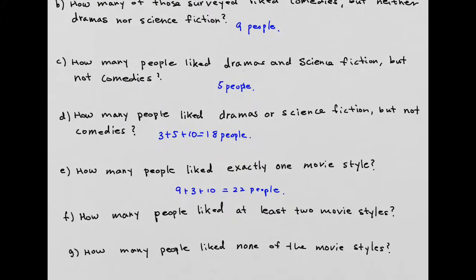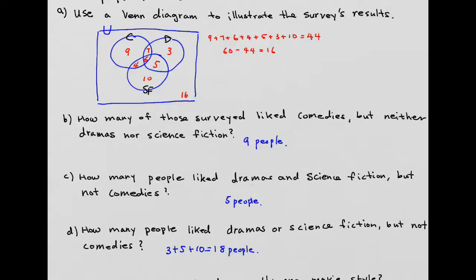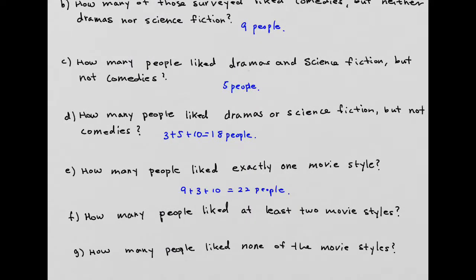And then the next one asks how many people like at least 2 movie styles, right? At least 2 movie styles is going to be this area. So 4, 7, 5 is 2 movies, but you also have people that like all 3. At least 2 includes 6. So you're going to do 4 plus 7 plus 5 plus 6, which is again 22.